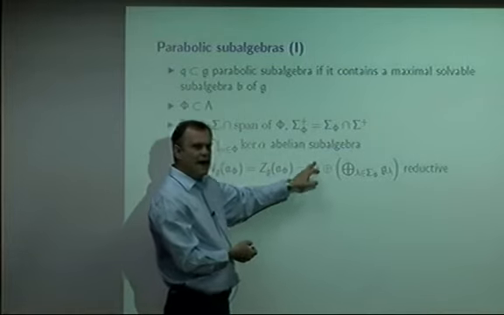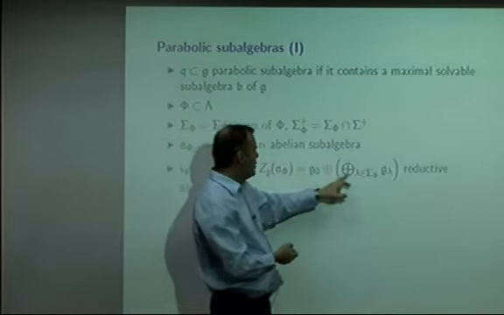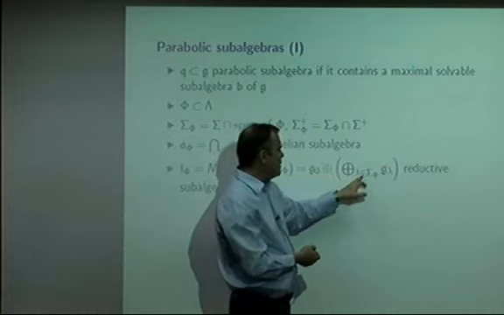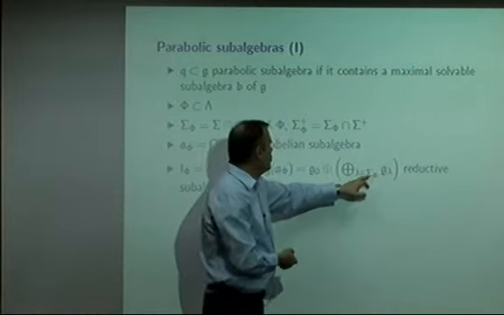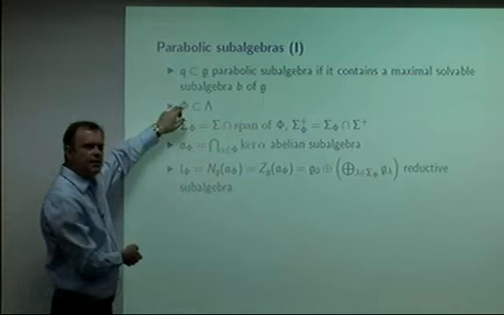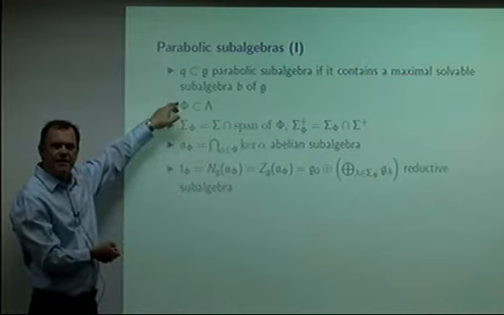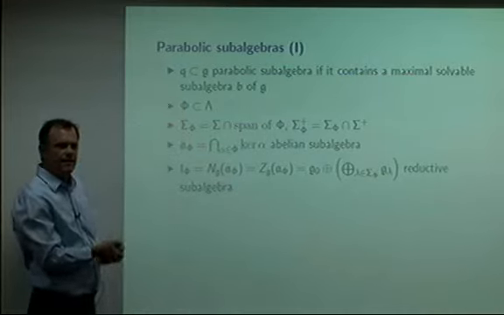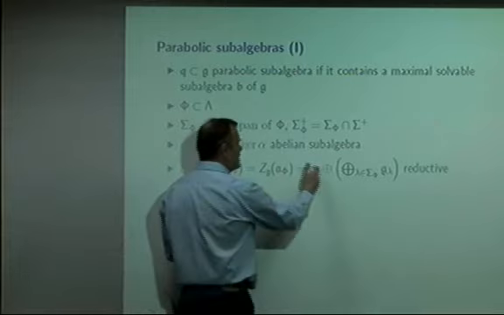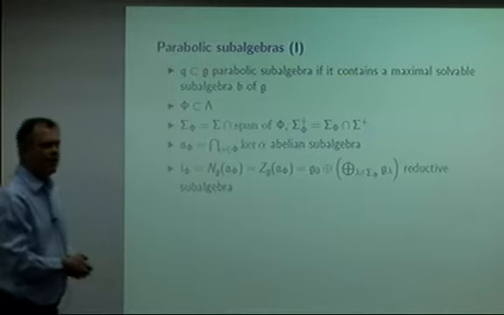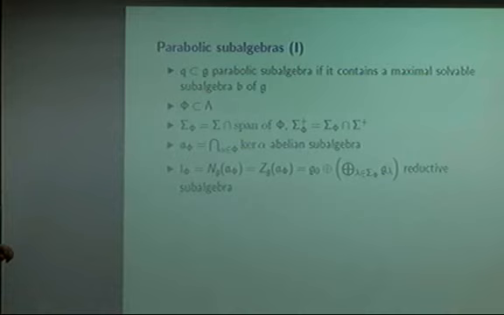We take the zero eigenspace and we add all the root spaces corresponding to the roots which are generated by our subset phi. So it's just the zero eigenspace plus all the other root spaces corresponding to phi.